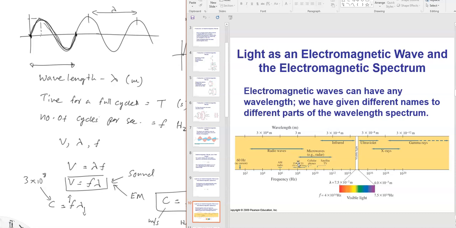That's the nowadays choice, FM. I'll talk about these acronyms. AM stands for amplitude modulation, FM stands for frequency modulation, TV, you all know that, that's television. And then comes cellular, satellite TV, then the infrared radiation.